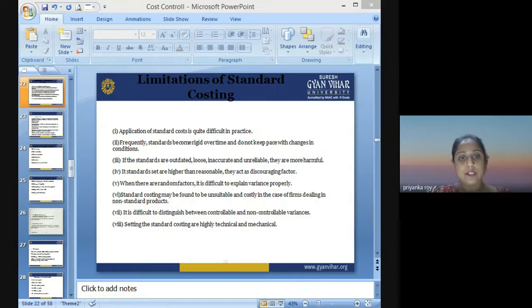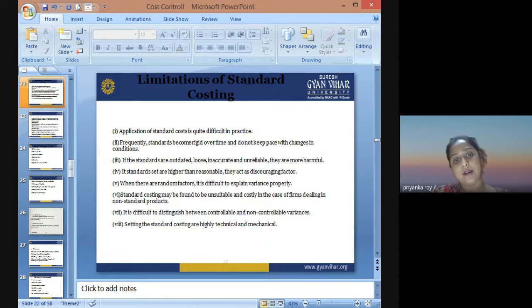If standards are set too high, they act as a discouraging factor, and then there are random factors, so it is difficult to explain the variance properly.